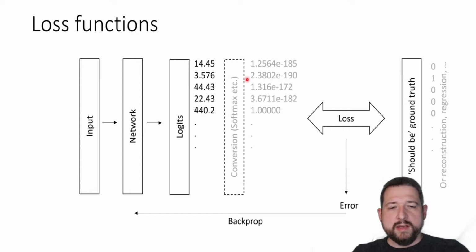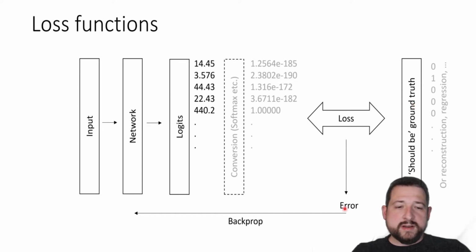You have some vector of a certain size here, or even an image, some tensor of a certain size coming out here. So now what you do is you have your ground truth. This is your desired output. I would like that the network actually produces this. And then you just compare these two vectors. Right? This is the loss or the error between these two.